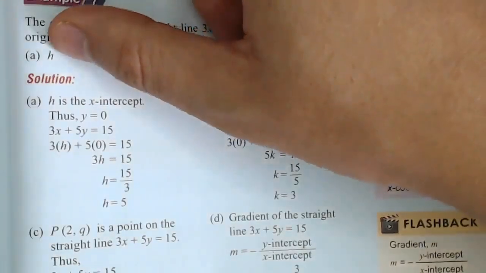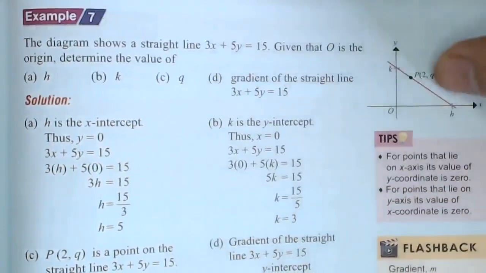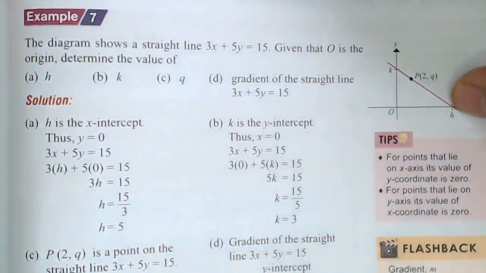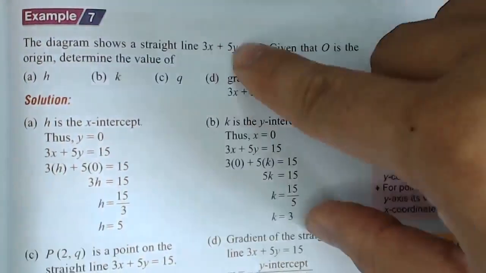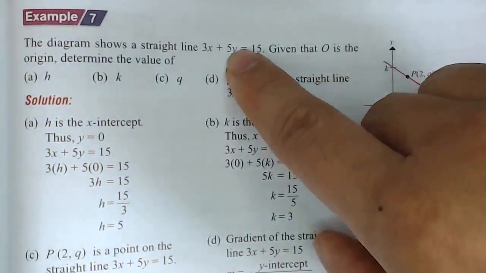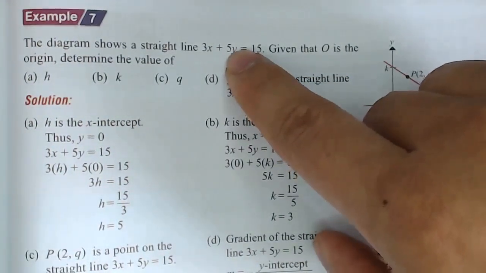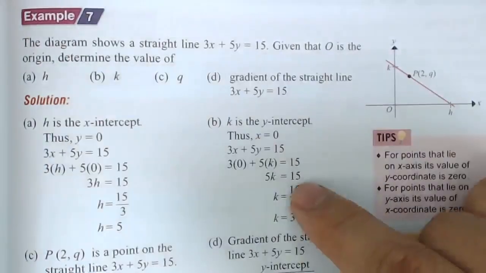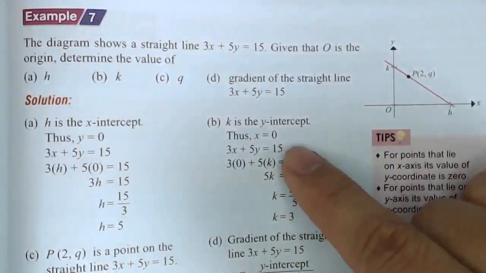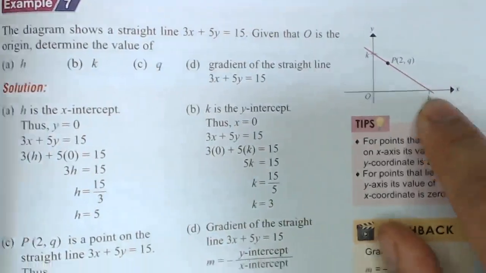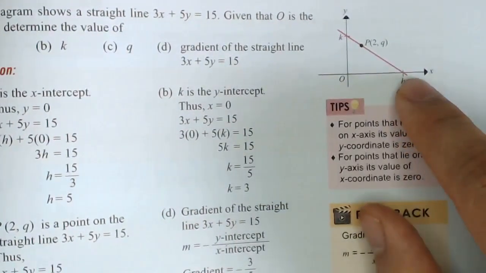So what is the value of H? What is the value of H? 5. Because either you can see it directly in this form, 5, or you can have it by substituting the value that you already know. The value of Y is 0 here.